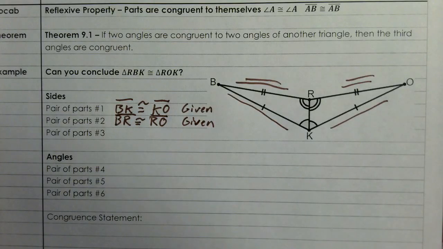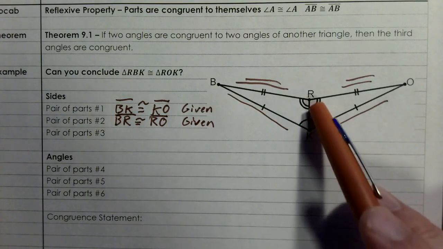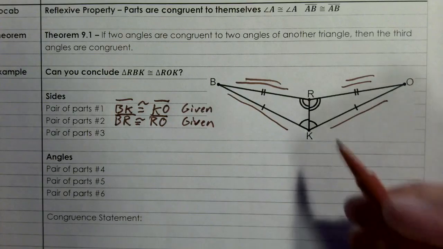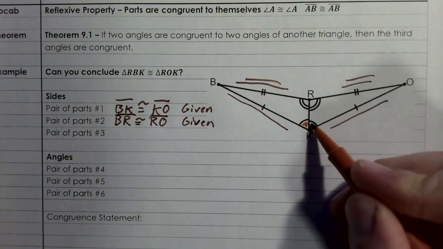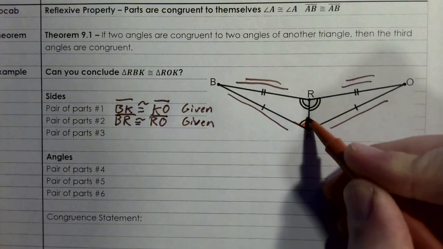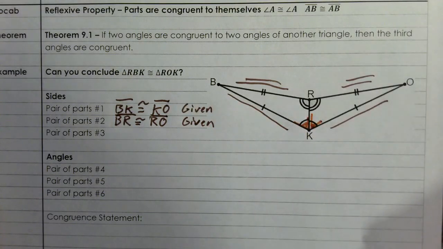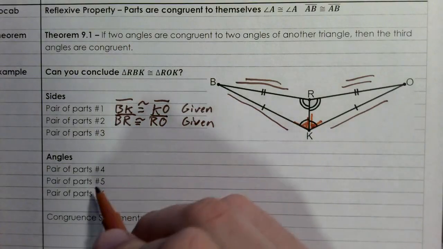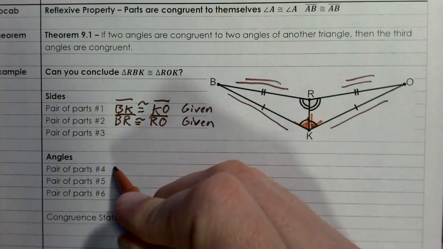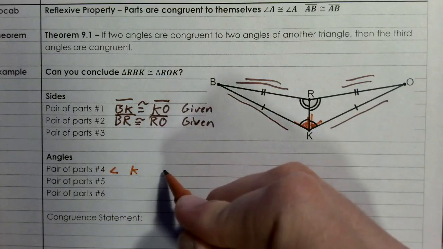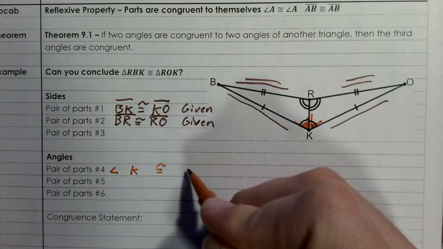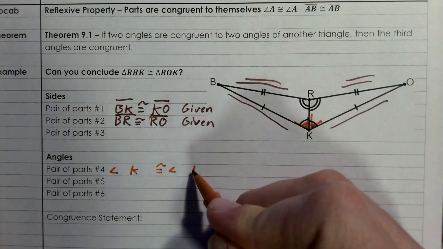I'm going to skip down to the angles because we've also got some angles that have been marked congruent to each other. So I know that this angle is congruent to this other angle here. So I need to talk about how angle K is going to be congruent to, well, angle K again.